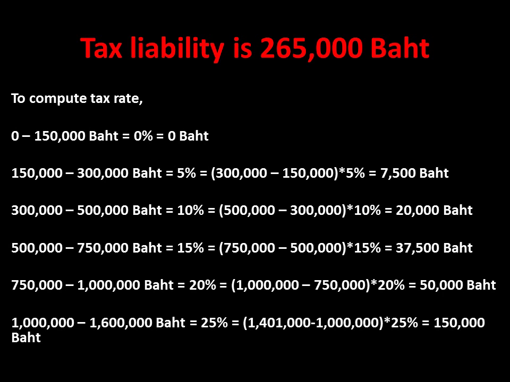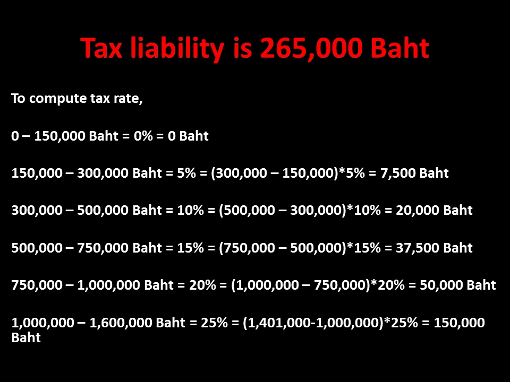The second amount between 150,000 and 300,000 baht, you have to pay 5%, which in our example is 7,500. Then you need to add with the other rates, which are 10, 15, 20, and 25. So you need to sum up 7,500 plus 20 plus 37,500 plus 50,000 baht plus 150,000 baht.